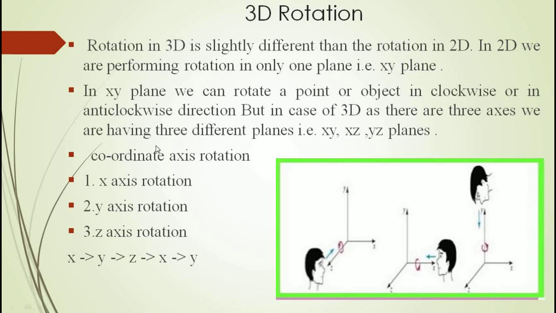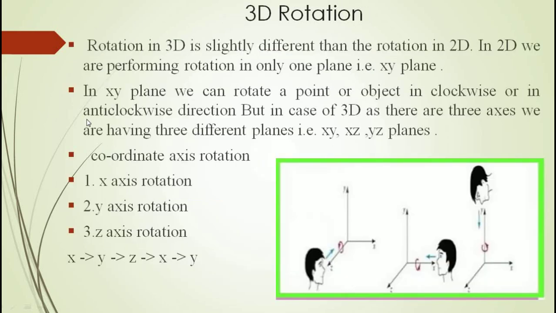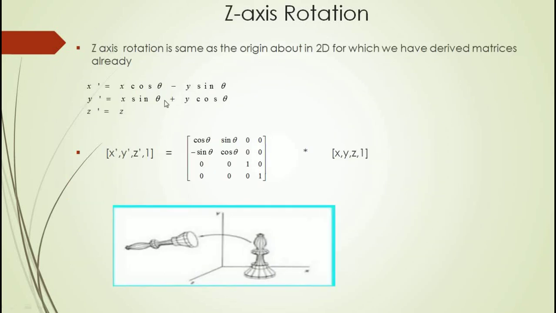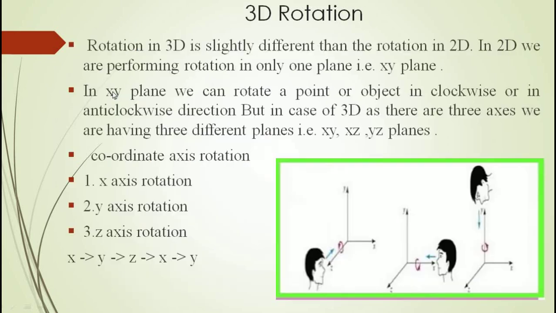Here, in the z axis, z dash is equal to z, and after that the x value and then the y value are calculated. So first we calculate the z value, and after that the x and y values. In the y axis, the y value is calculated first, then after that z and x.